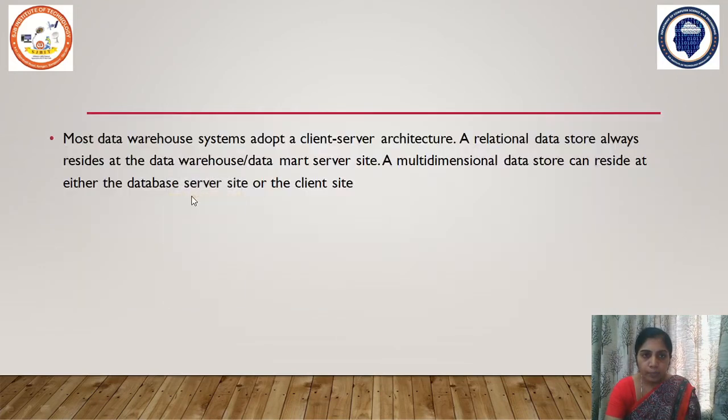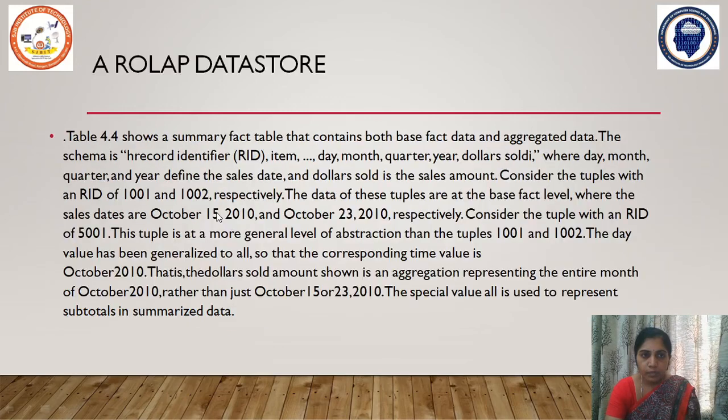Now consider the tuple with RID 5001, where you have a generalized level of abstraction. When you consider 1001 and 1002, you have dates, but here you have all, so it is generalized to all. It means that the entire month's sales data has to be included there. So the special value all is used to represent the subtotals in summarized data.